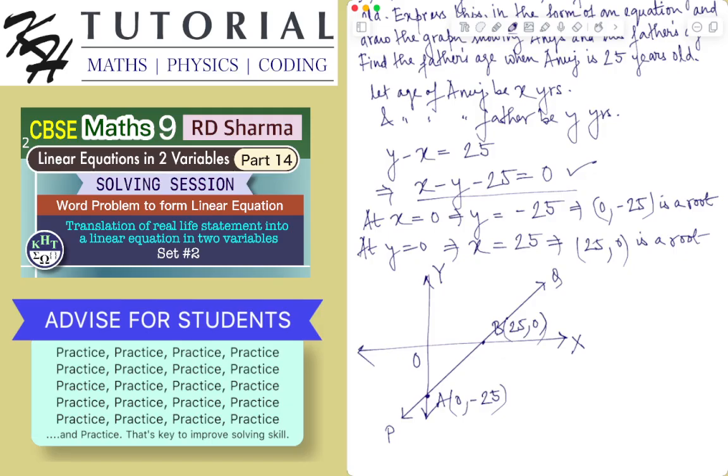Now it is asking to find the father's age when Anuj is 25 years old. Basically we have to find y when the value of x is 25, because we have represented the age of Anuj as x and the age of father as y. So from this equation, putting x equal to 25, we have to find the value of y.